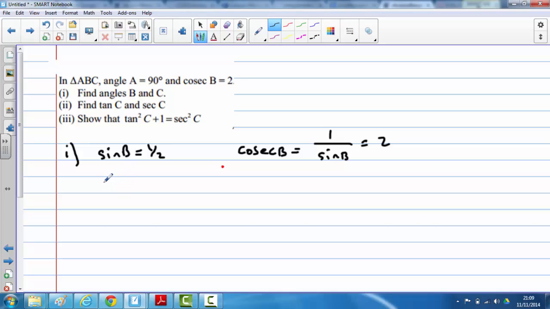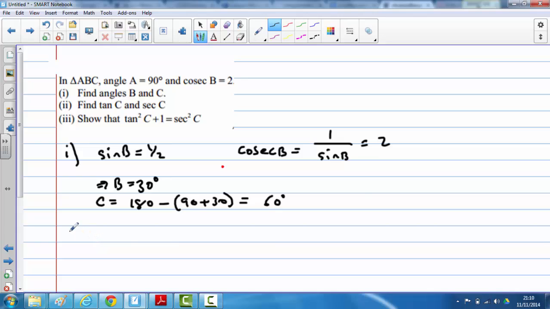And if sine B is a half, then we know B equals 30 degrees. If B equals 30 degrees and A is 90, that gives us 120. Then we know that angle C has to be equal to 180 take away 90 plus 30, which gives us 60 degrees.